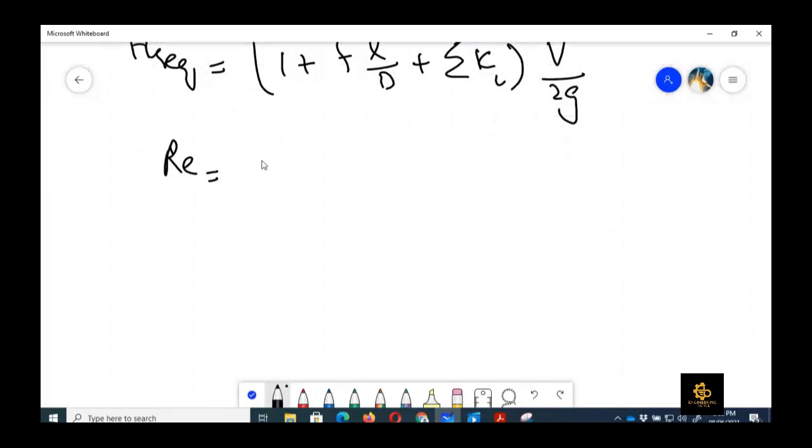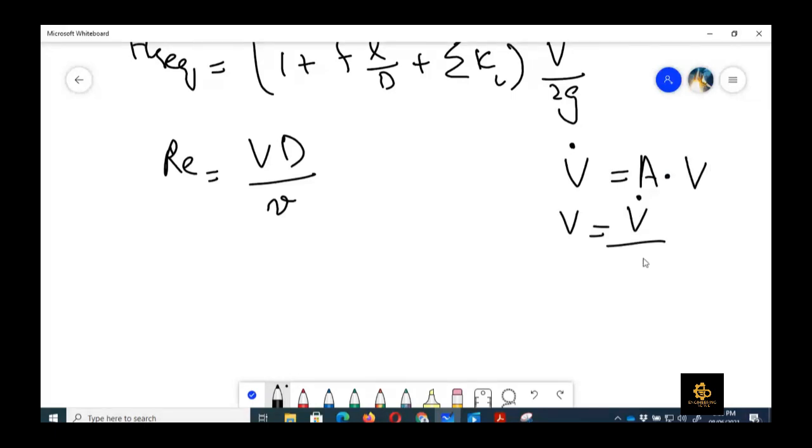If you remember, it is VD upon nu. What is the relation between velocity and volume flow rate? Volume flow rate is cross-sectional area into velocity. So velocity would be equal to volume flow rate divided by cross-sectional area, that is pi by 4 d square, where D is the diameter of the pipe. So this 4 would go here.